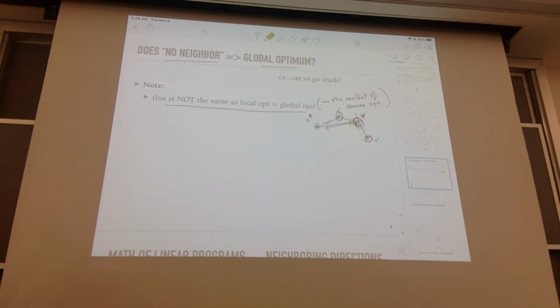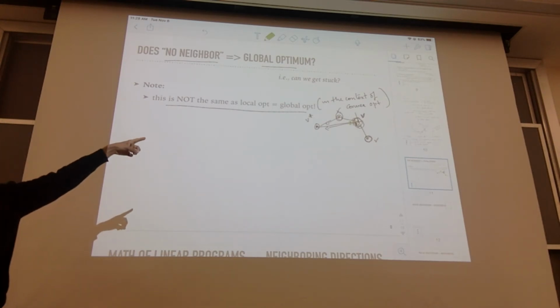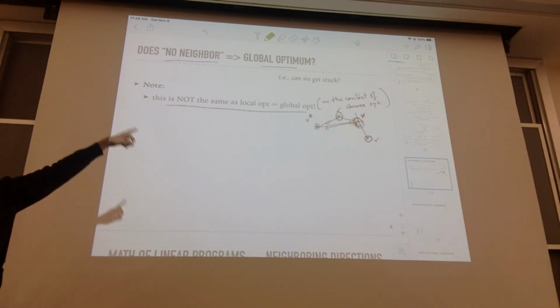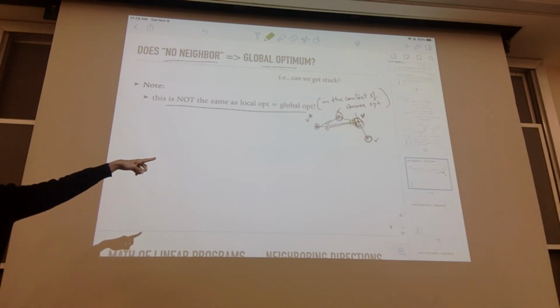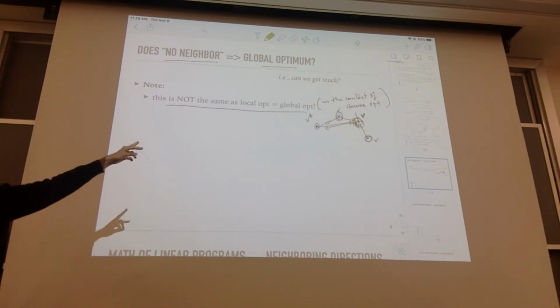So this follows from convex optimization. But I'm not allowing you to move to that point which is close to V. I'm only allowing you to go to either that point or that point, so that's why this requires proof.